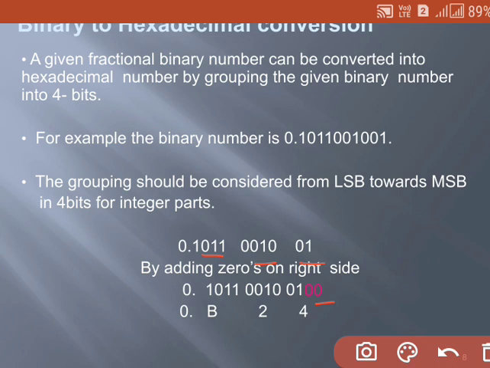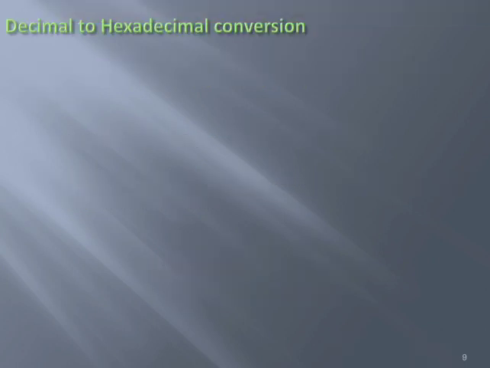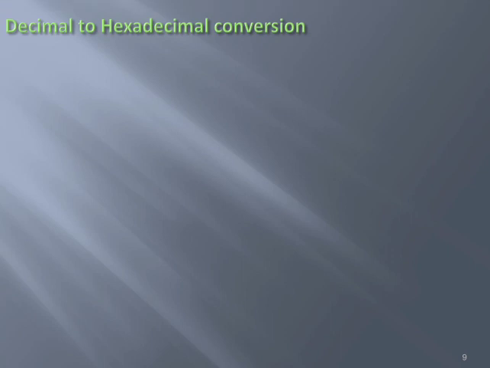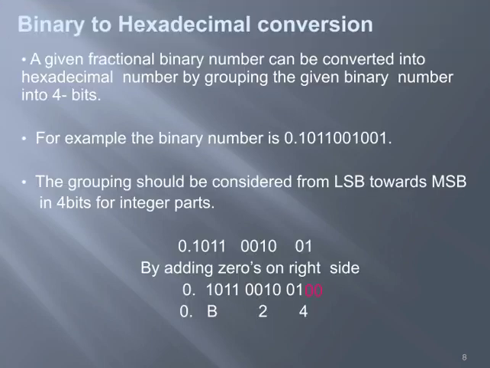So 1011 means B, 0010 means 2, 0100 means 4. So B24 is the corresponding hexadecimal number for the given binary number.